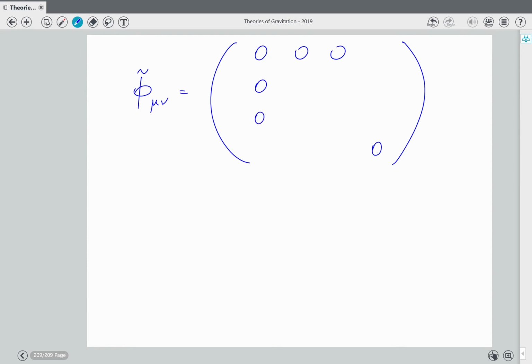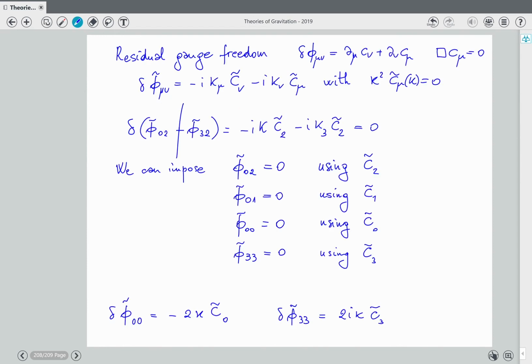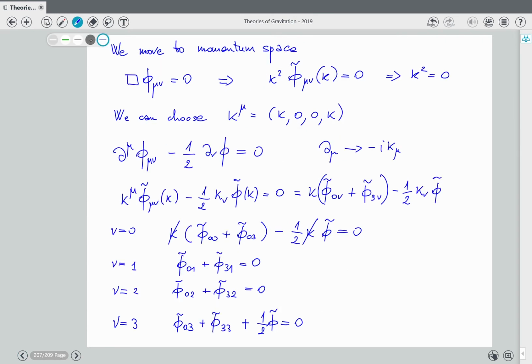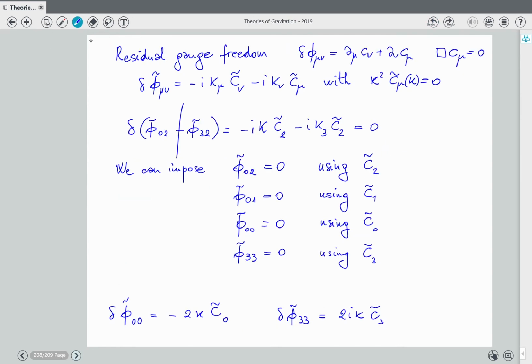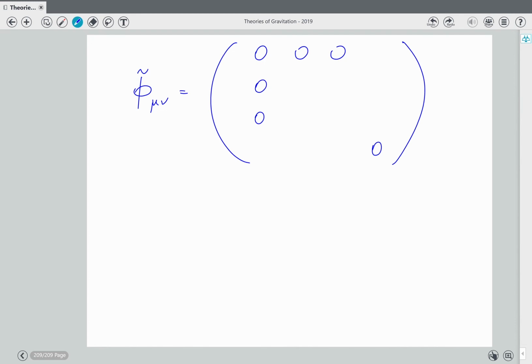And so far we have this. Now we go back to the previous page and use the fact that we have imposed 0, 0, 3, 3, 0, 1 and 0, 2 equals 0. So 3, 1 and 3, 2 will also be 0.